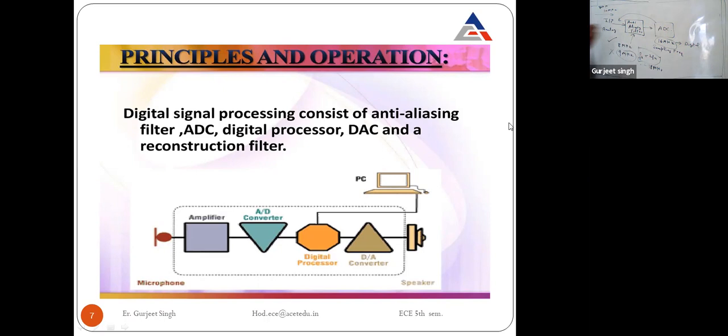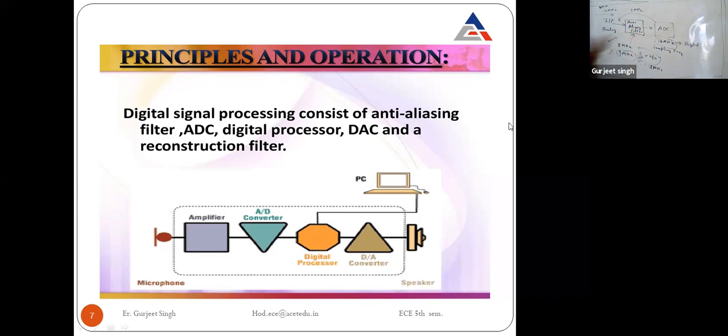The frequencies above that will be attenuated by this anti-aliasing filter. So this is the concept: our ADC works on 16 megahertz frequency, and according to this specification, we provide the anti-aliasing filter here.